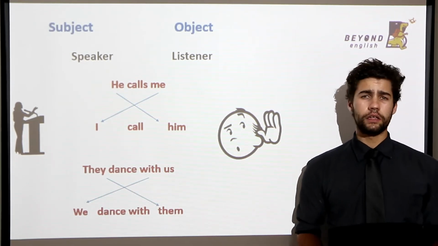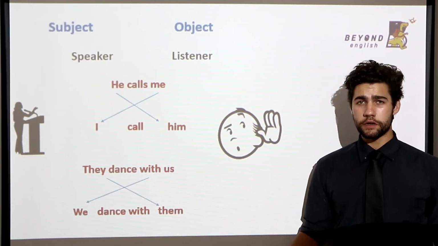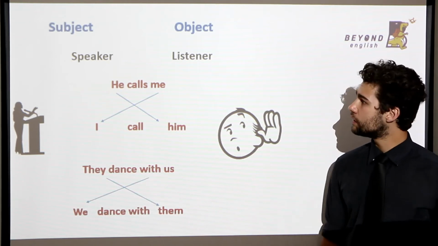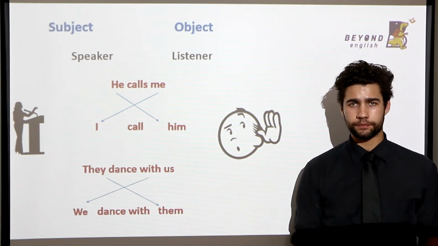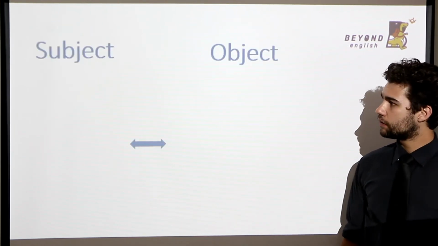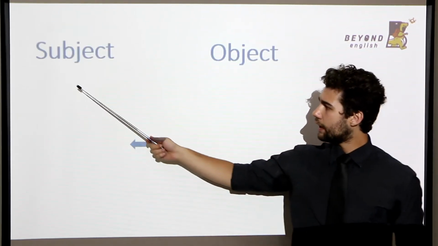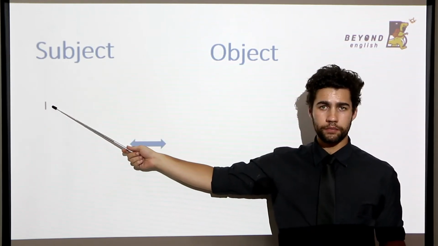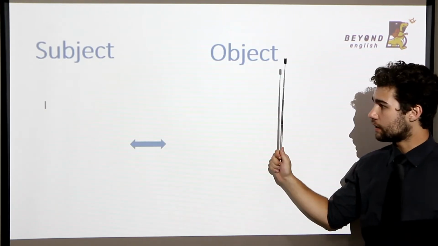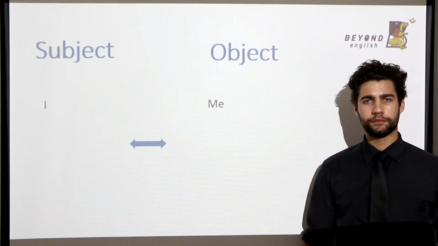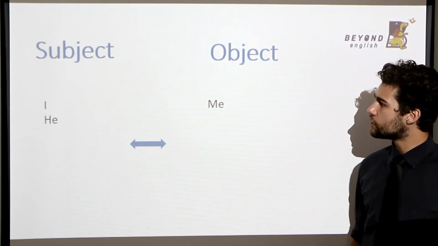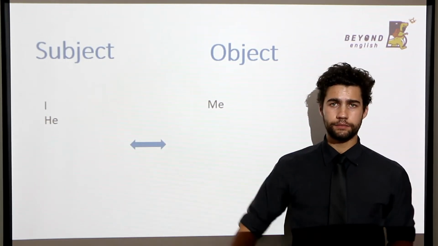Okay, so let's learn about the different changes in subject to object. So, for subject, we have I. When we talk about an object, it always becomes me. Under subject, we have he.